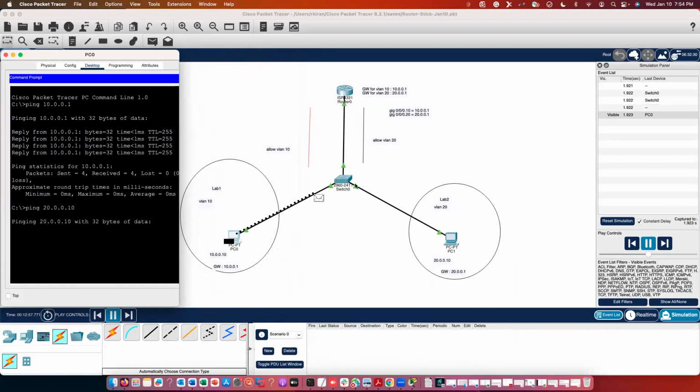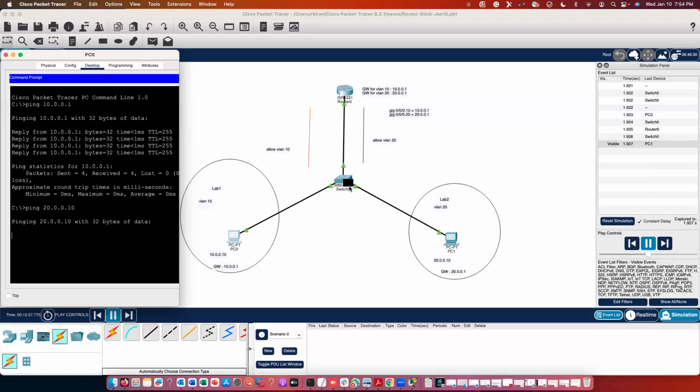So now the packet went to the switch. The switch will only broadcast to that VLAN, so it should only go to that router gateway. So the gateway got it. The gateway should check its routing table. It should go back to that specific tag. It should come back to the switch. It should only send to this VLAN tag. It's getting it. This one should reply back that it is the destination that it's trying to look for. It replied back. The switch got it.